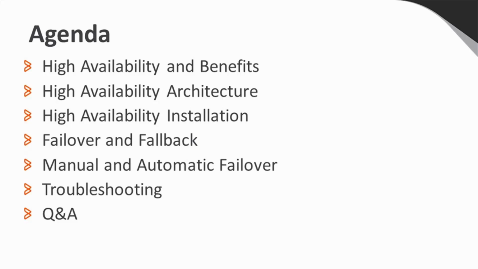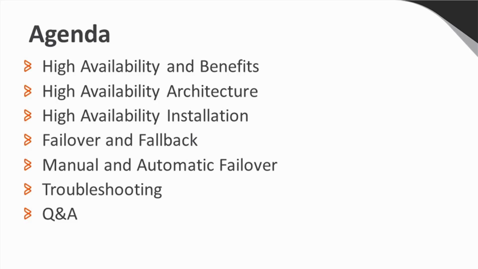We're also going to show examples of failover and fallback, as well as manual and automatic failover. We'll go over some troubleshooting tips. And finally, we'll do the question and answers, which reminds me, during the presentation, please enter your questions in the chat window. Please address them to all, and we'll be addressing them during the Q&A.